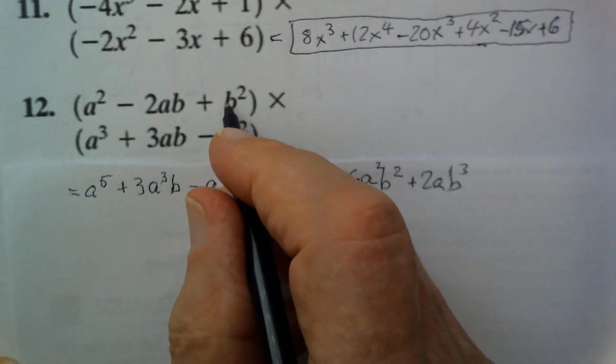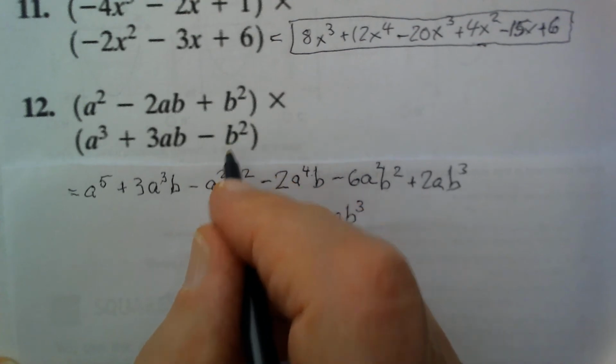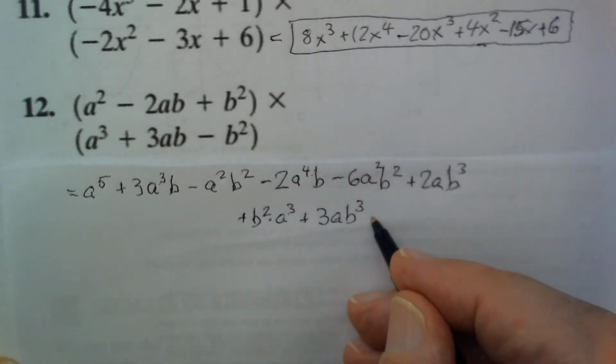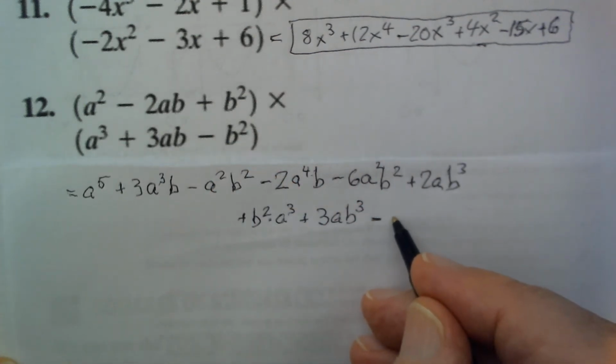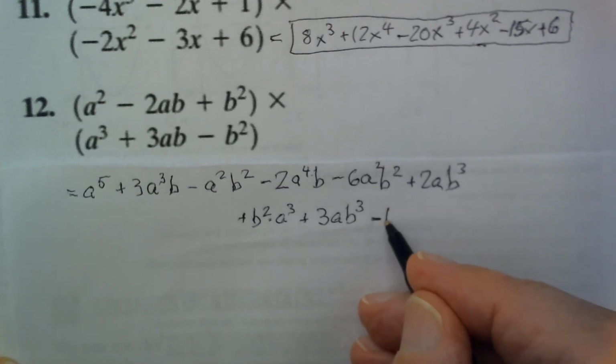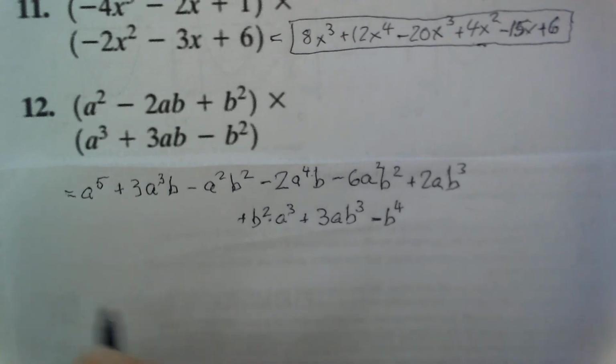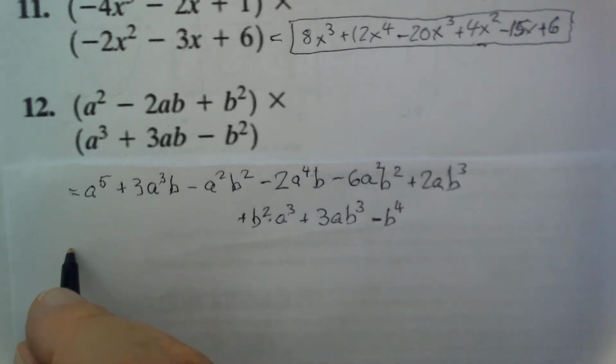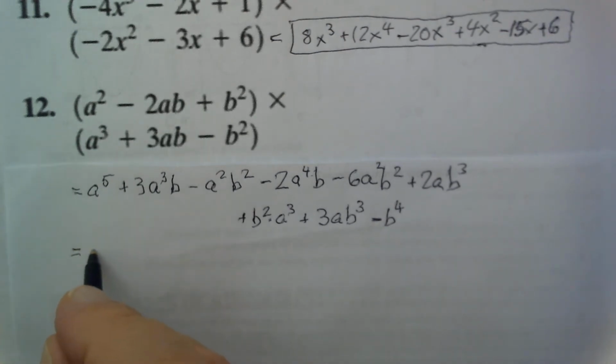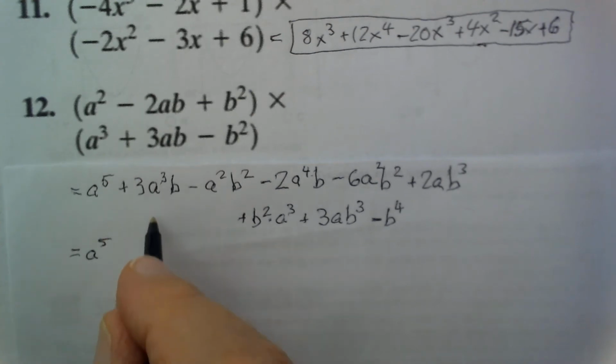And then b squared times minus b squared, that's minus, and b squared times b squared is b to the fourth. Again, we add the exponents. So let's look at the terms that we have here. We have a to the fifth, and we have 3a to the third b.